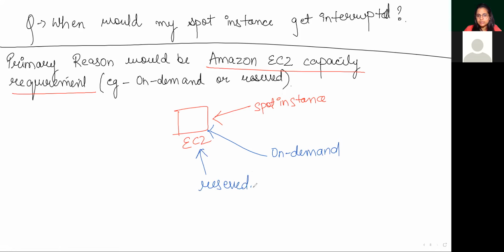In such cases, the priority is given to on-demand and reserved. So for any instance running as a spot instance, when a customer wants it as on-demand or reserved, they will ask for their capacity back, and you can terminate, stop, or hibernate your spot instance in 2 minutes. Getting it?